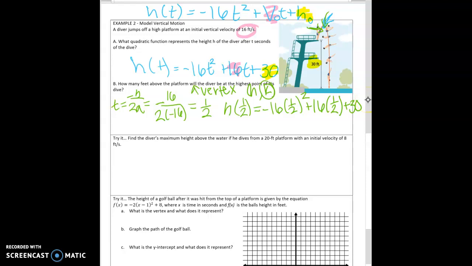And if you plug that into your calculator, you get 34. So the highest point is 34 feet.